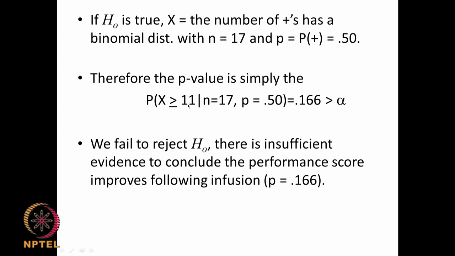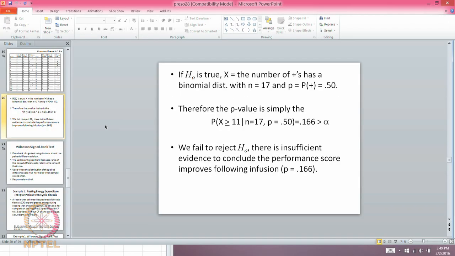So we need to calculate the binomial distribution for 11 successes out of 17 with the probability of 0.5, 12 successes out of 17, 13 successes out of 17, 14 successes out of 17, 15 successes out of 17, 16 out of 17, and 17 out of 17, each with the probability of 0.5, and add all of them, and that should give you this. Okay, let us look at it.